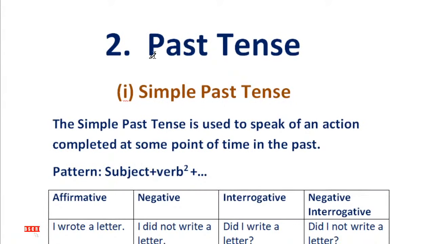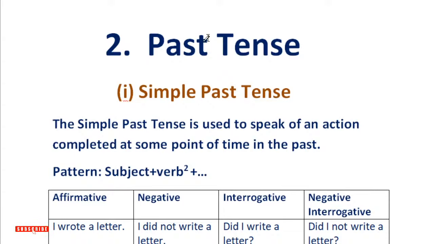Now you see, past tense I have taught you. Past tense is used to speak of an action completed at some point of time in the past, and we have discussed its examples.